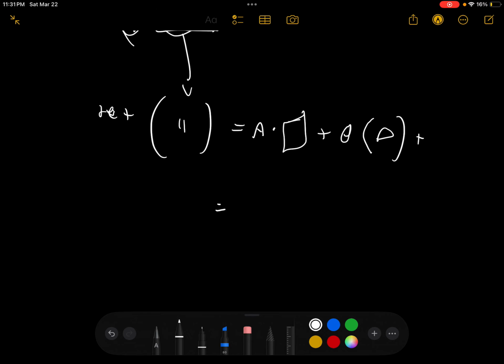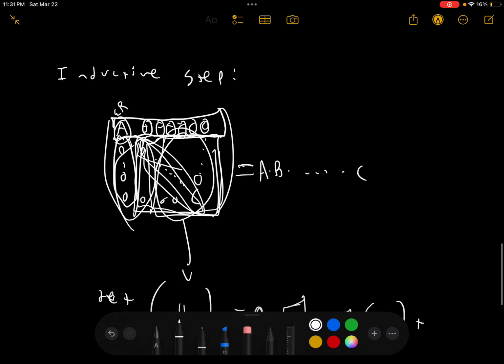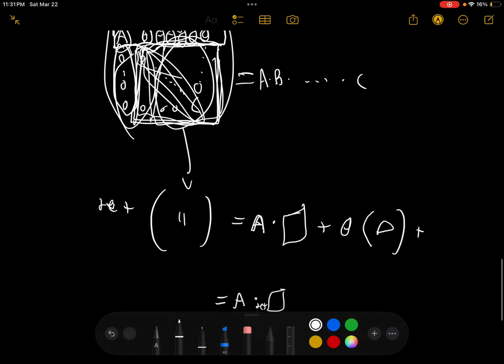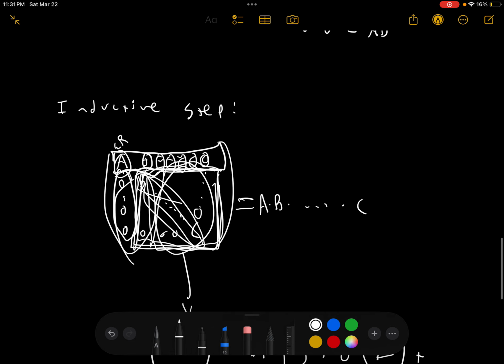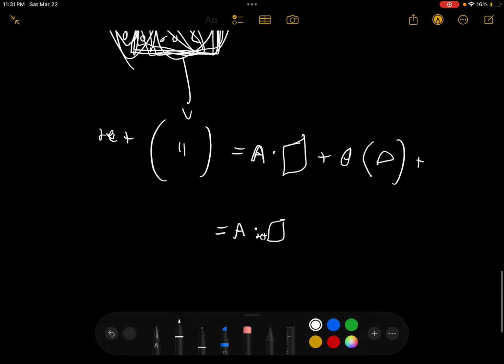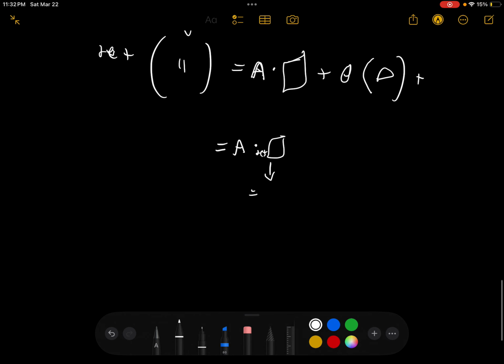So actually the final formula ends up being A times the determinant of this box right here. And we know by our inductive hypothesis that this is a diagonal matrix whose determinant is equal to the product of all these diagonals.